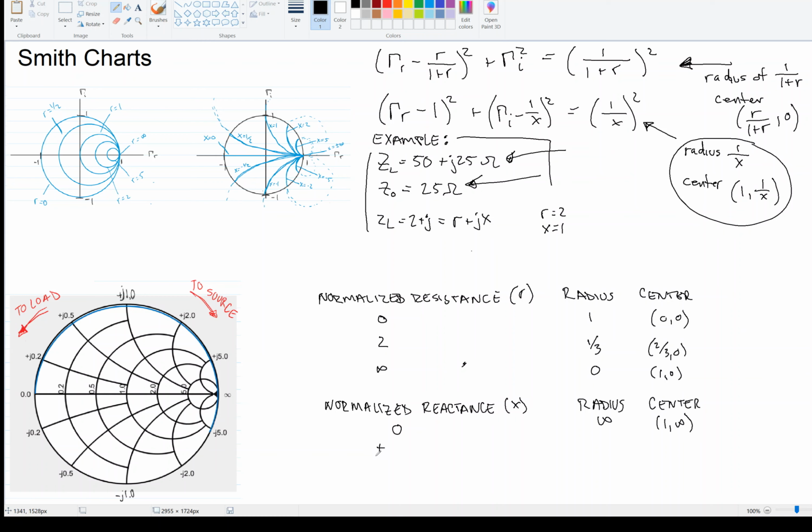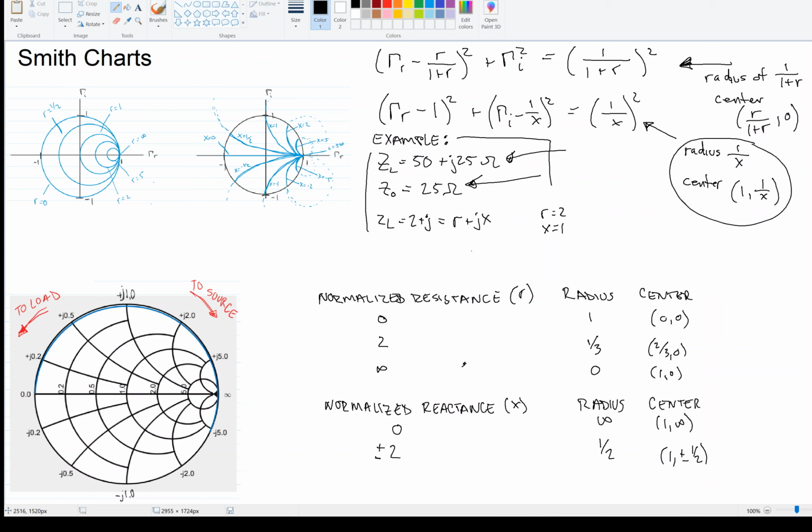Also, if we plug in plus or minus 2, notice that the radius will be 1/2, right? Because you can't have a negative radius. And the center will be 1, comma plus or minus 1/2.